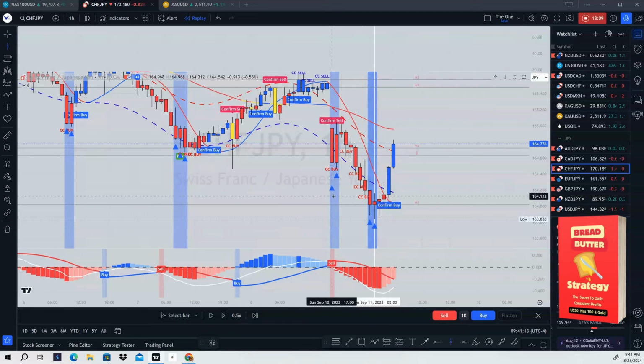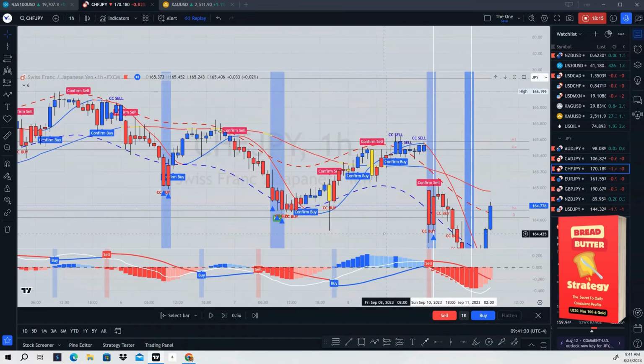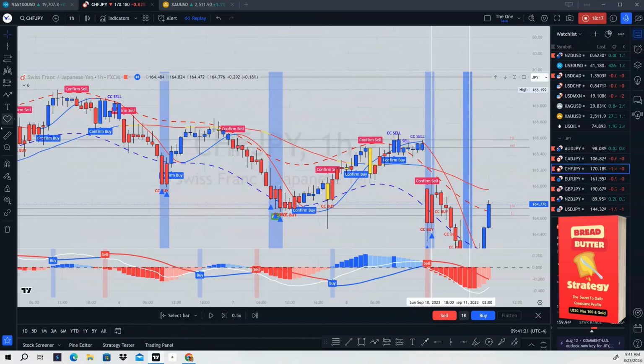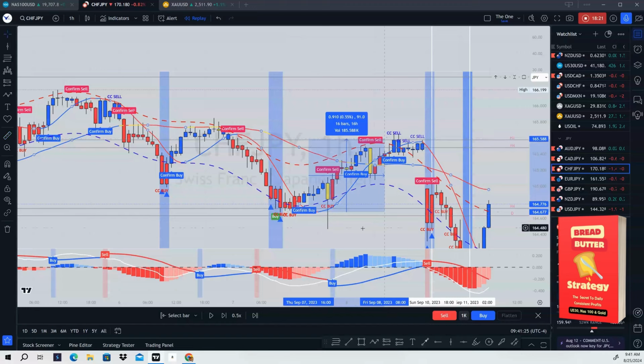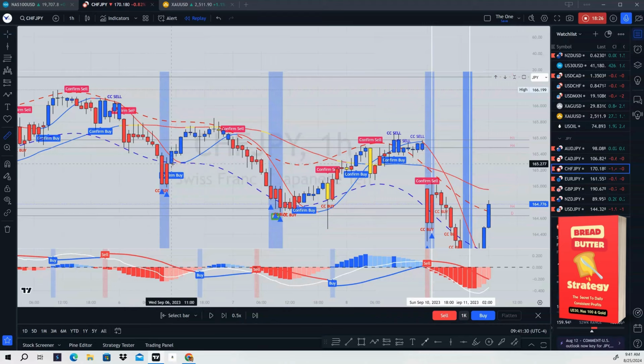Okay, now if you want to find out if these are going to work to give you a good pullback like these did, so this pullback was really 91 pips. This pullback, let's see, was 55 pips.